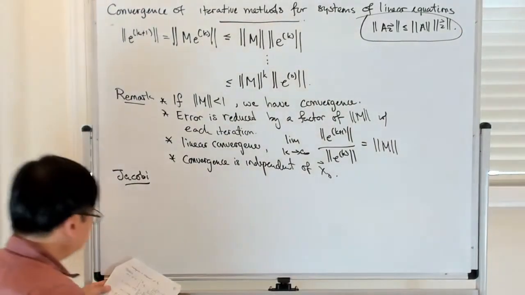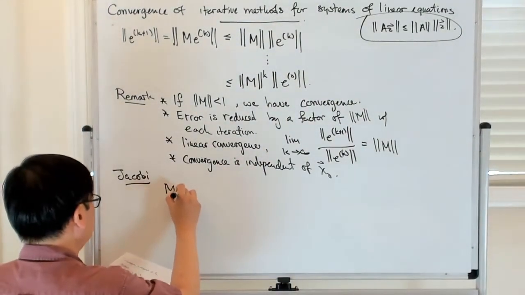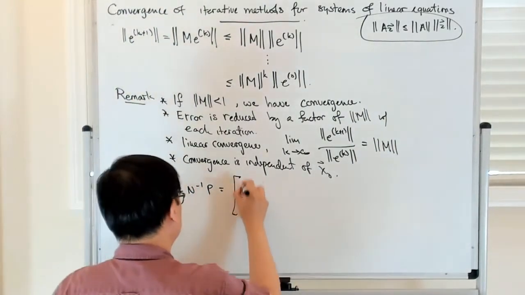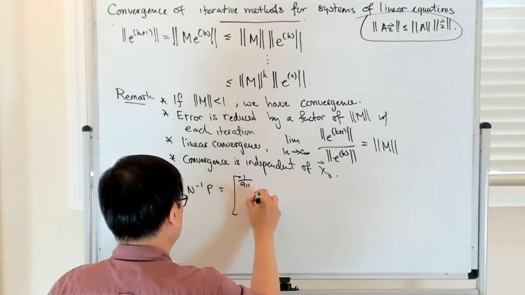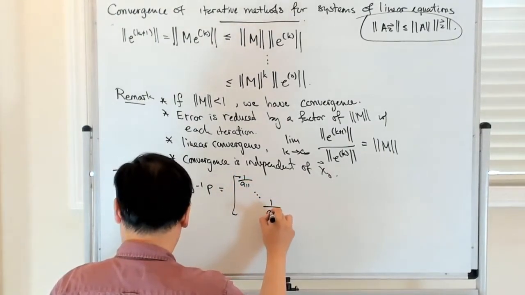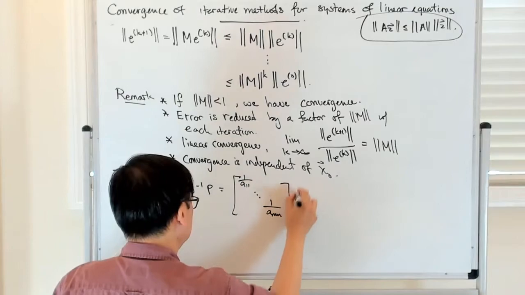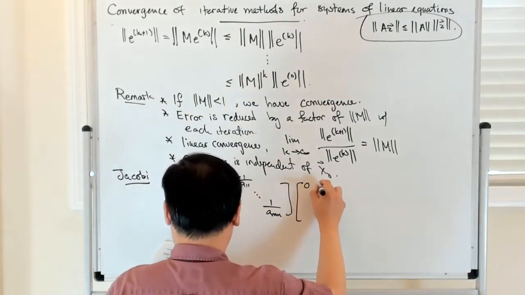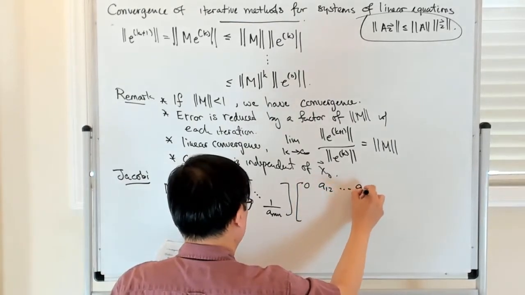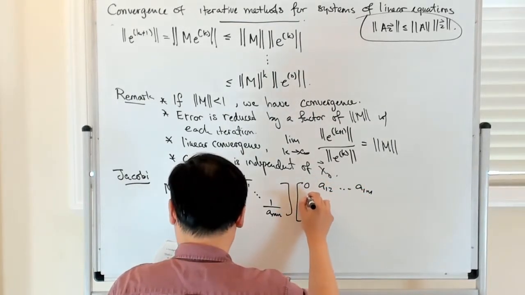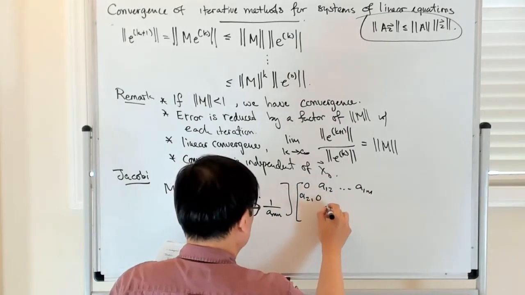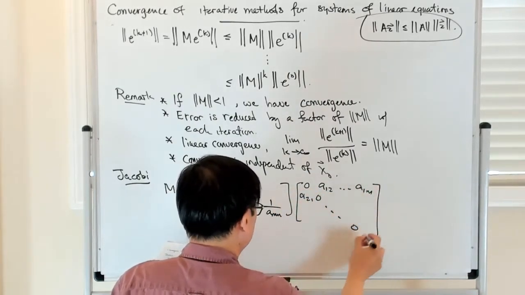M is N inverse P, which is the following: 1 over A11 through 1 over Amm, times a matrix with 0 on the diagonal, A12 to A1m, A21, and so on. Hopefully you get the idea.